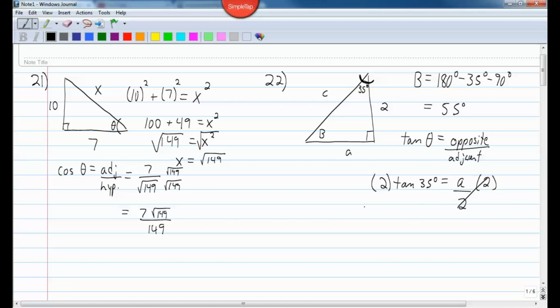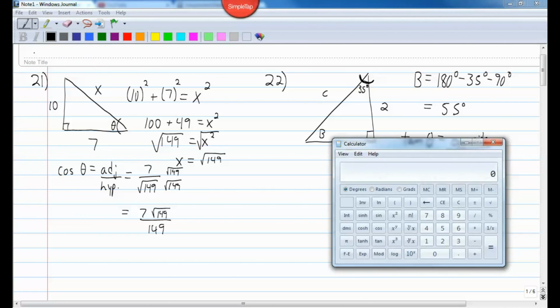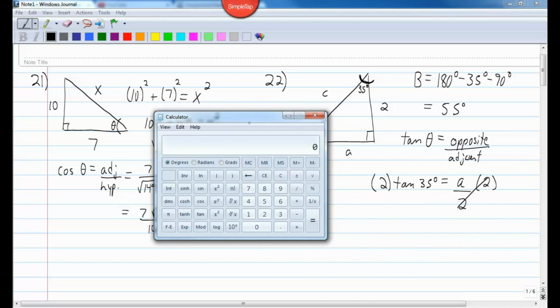So A equals 2 times tangent of 35 degrees. I'm in degree mode: 2 times 35 tangent equals. If I round this to 2 decimal places, side A is approximately 1.40 units.